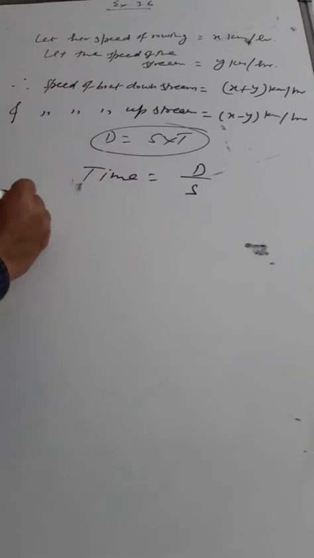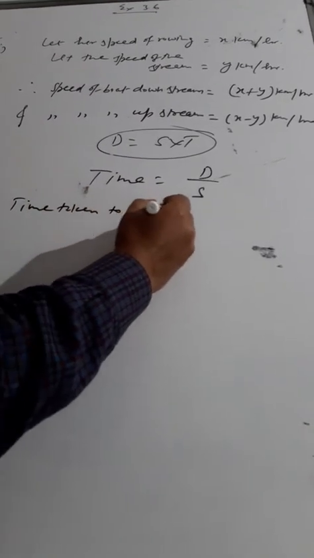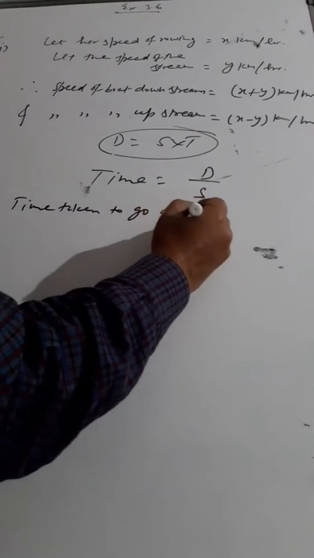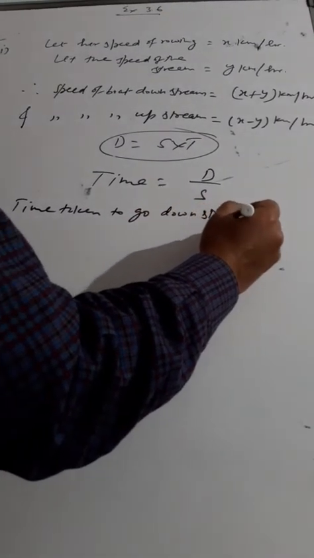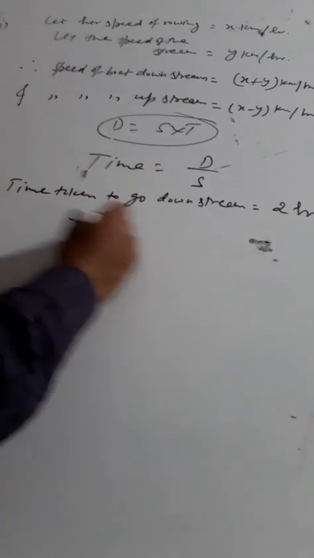Time taken to go downstream is equal to what? 2 hours. And what is the distance and what is the speed? Distance downstream is 20 kilometers.